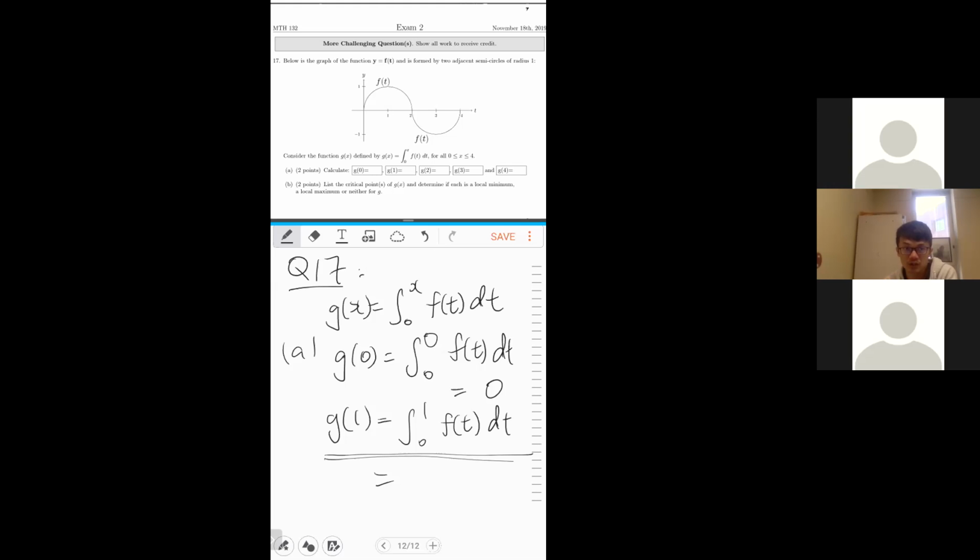So you're told that f of t is made up of two semicircles. One is above the axis, the second one is below.